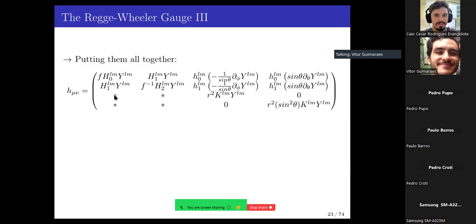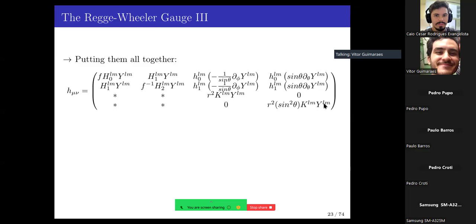So this component, 0, 1, is equal to the 1, 0, and this is equal to this, and this is equal to this. This is just to save some space, which means that this block here is exactly the same as this block here, but transposed.